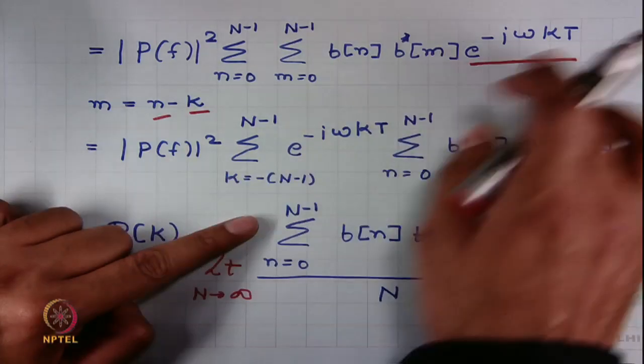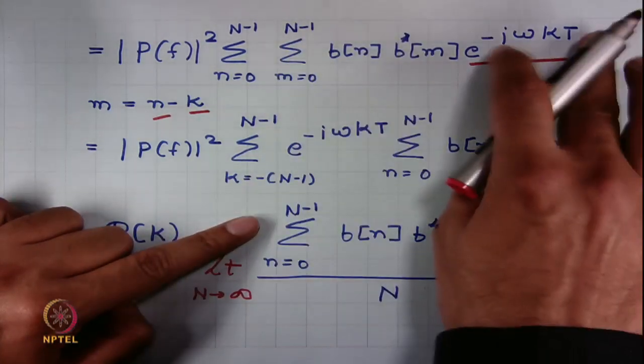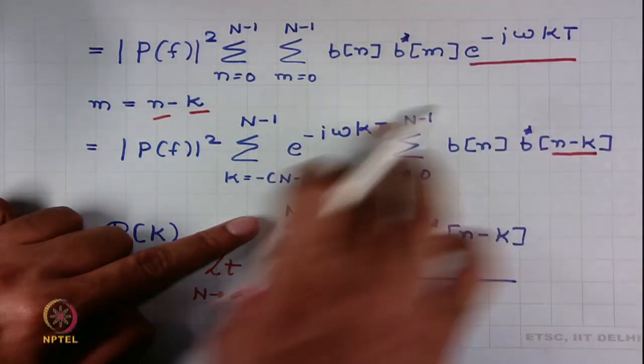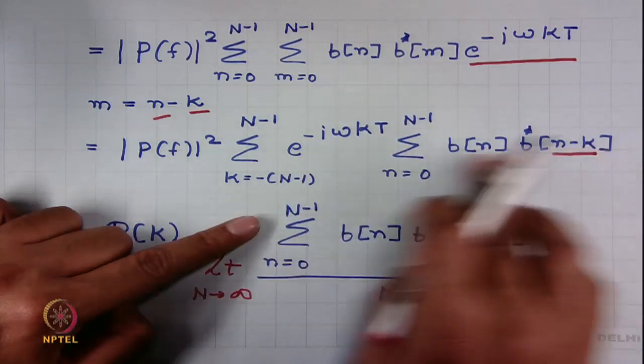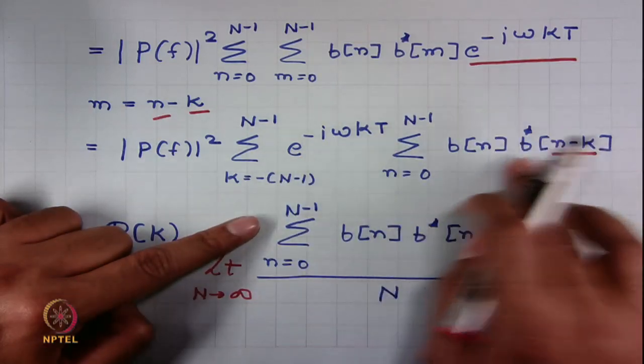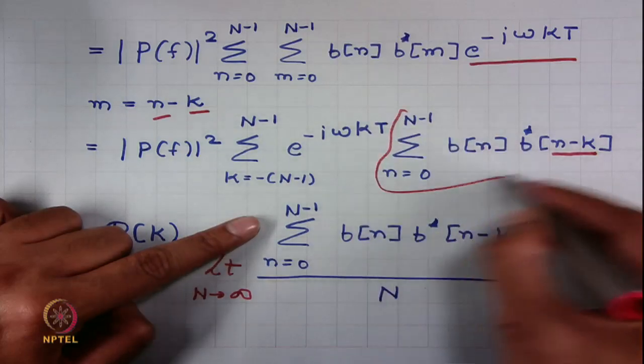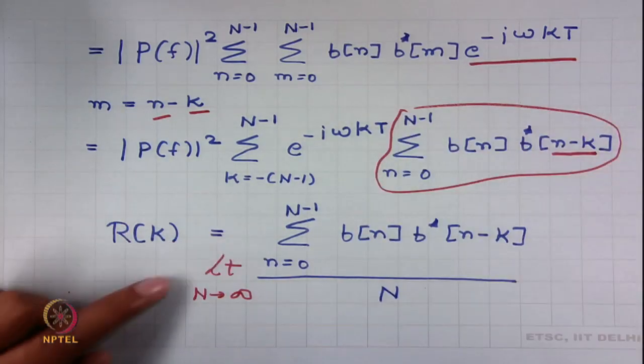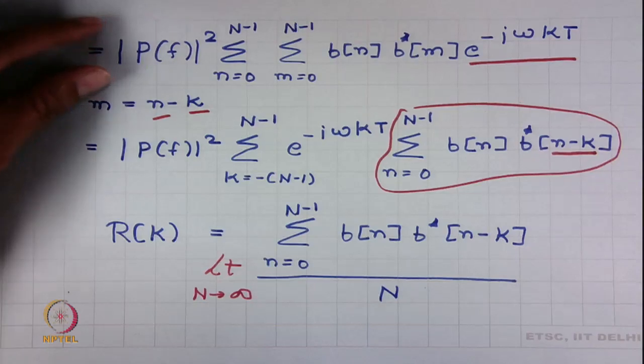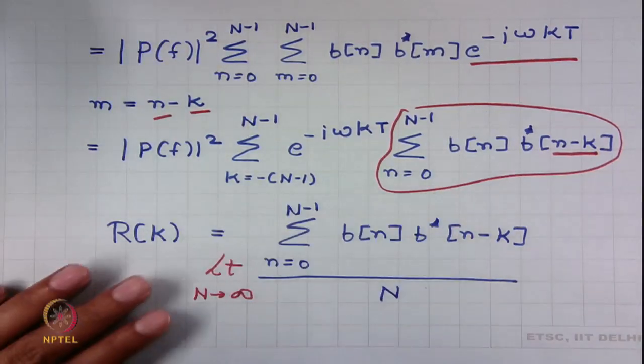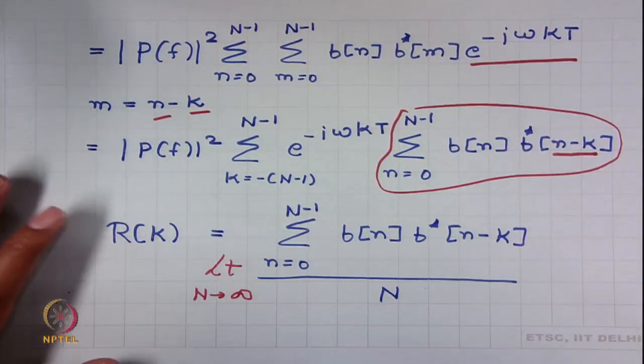Now, if you see here, this was only a function of k. So, I have pulled this here, and I have combined all terms which have n as a running variable. So, I can reduce this summation into this summation. It is trivial, there is nothing difficult in here.